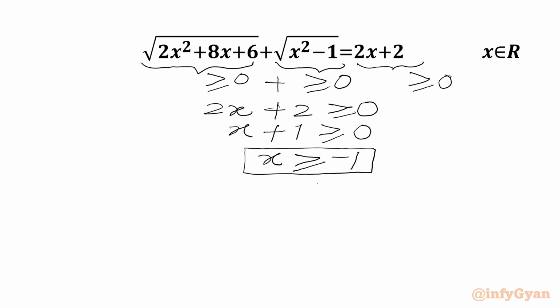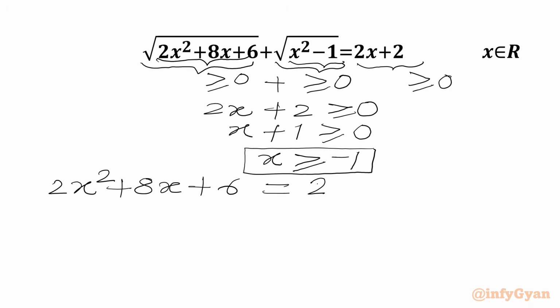Now we are going to factor our radicands: x square minus 1 and 2x square plus 8x plus 6. We'll split our middle term 8x as 2x plus 6x, plus 6.